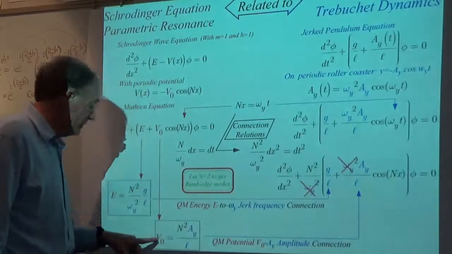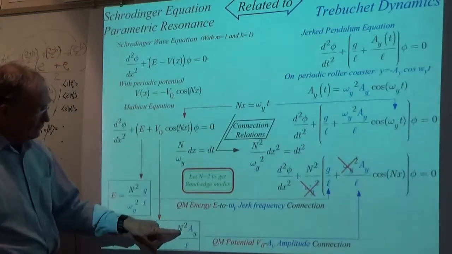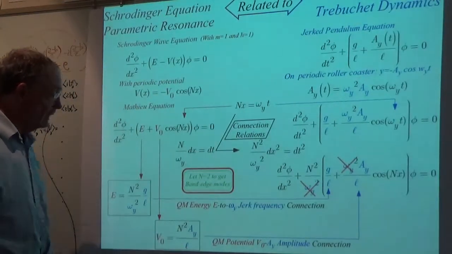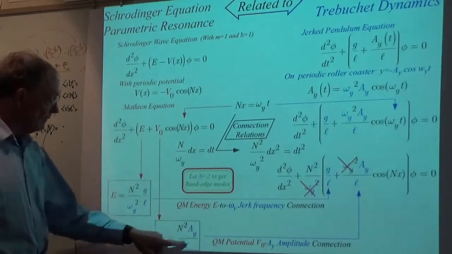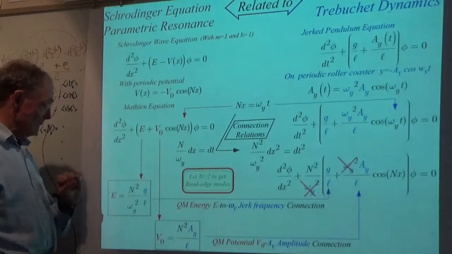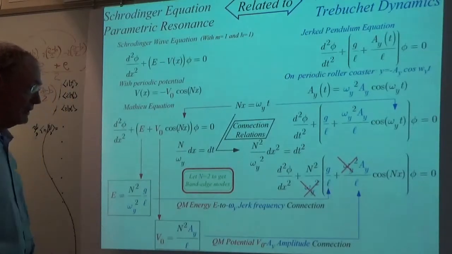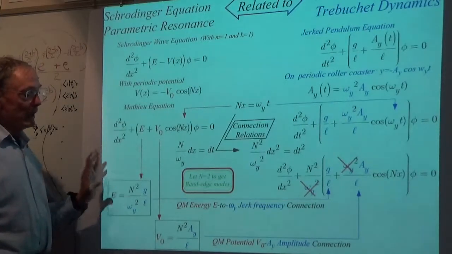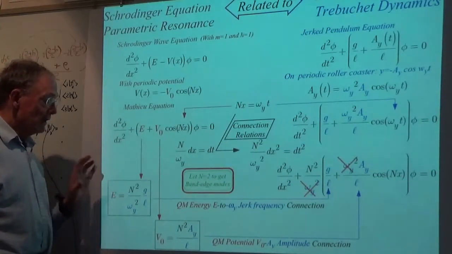So the coefficient we're talking about is n squared ay over the length of the pendulum. I'm going to set gravity to 1 and the pendulum length to 1, just to keep things clean here, so we can go rapidly. But we're hoping to actually make a device that shows this.